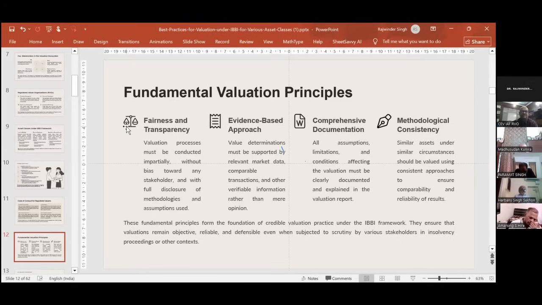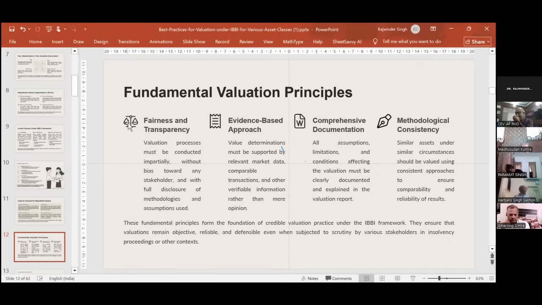Third thing is that all the assumptions, limitations, and conditions affecting the valuation of the asset of which you are doing valuation must be clearly documented and explained in the valuation report. And last but not the least, similar assets under similar circumstances should be valued using consistent approaches to ensure comparability and reliability of the results.